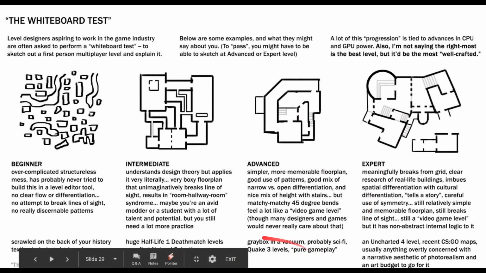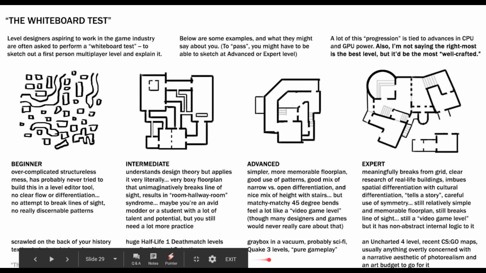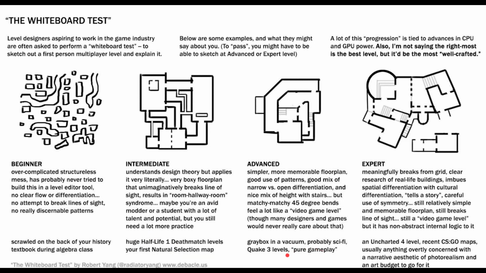And down below here are some great examples of what these are, right? So, the beginners, scratched on the back of your history textbook. These are some great, older deathmatch type games like Half-Life, Quake. I also would put into this category very boxy floor plans, but they definitely exist within games. Advanced, you start to see more recent games, more sci-fi, pure gameplay-based levels.